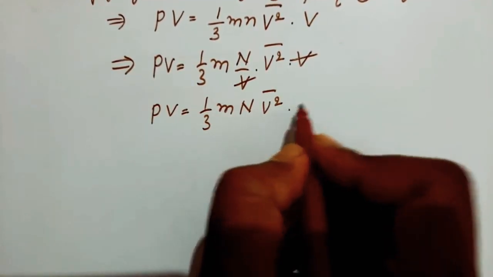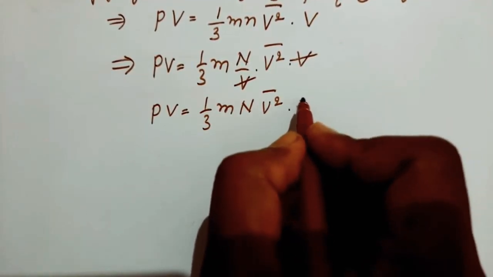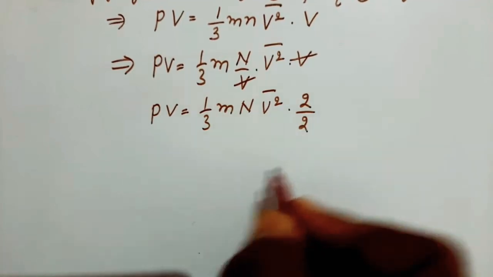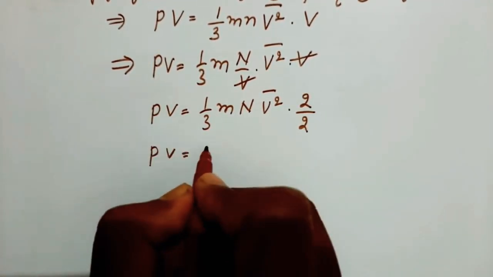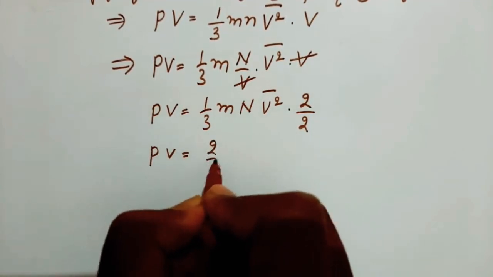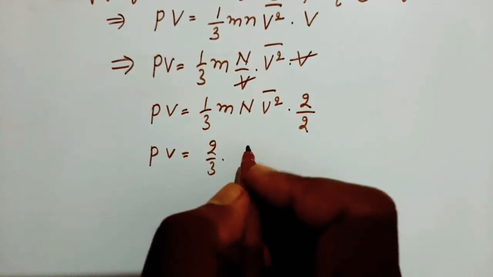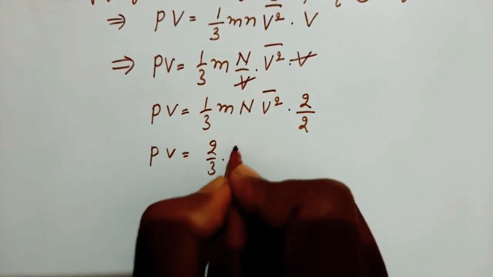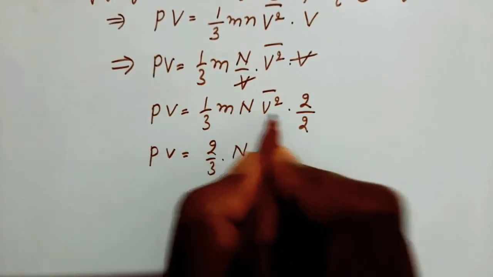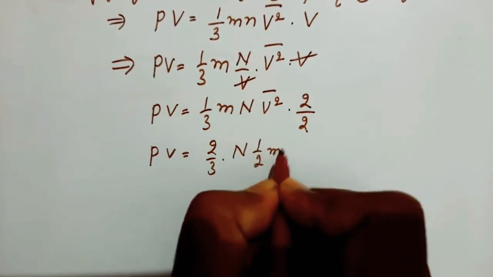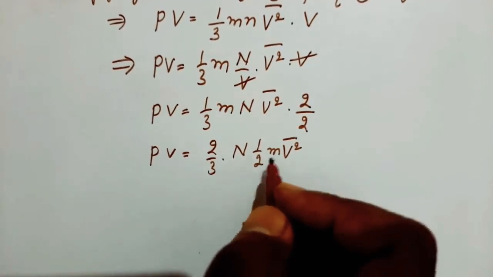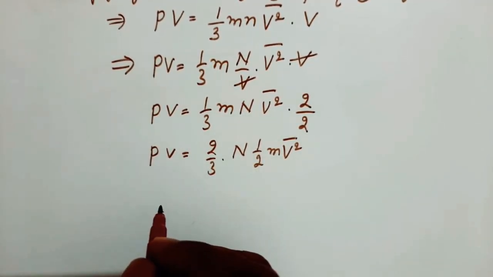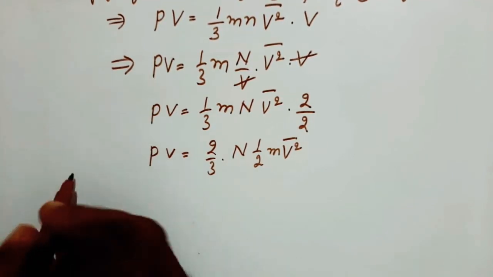Here I am multiplying and dividing by 2. So it can be written as PV = 2/3 into N into 1/2 mv² bar. Here the internal energy of an ideal gas is purely kinetic energy.